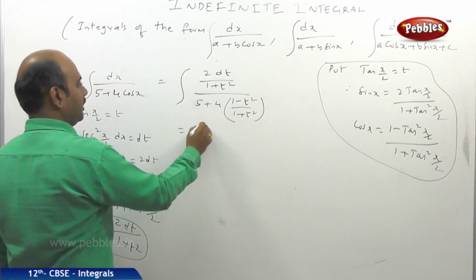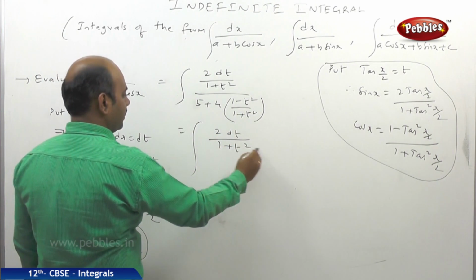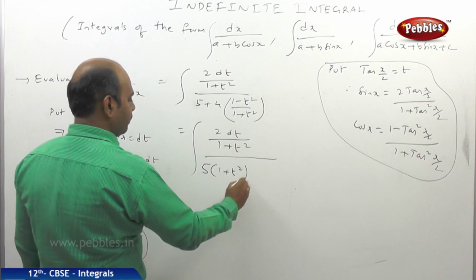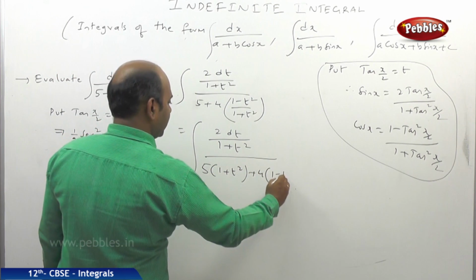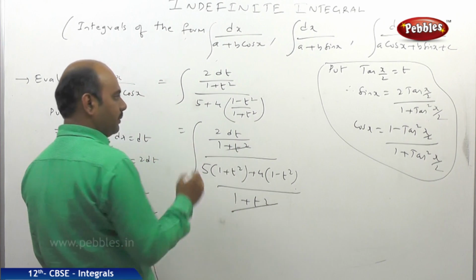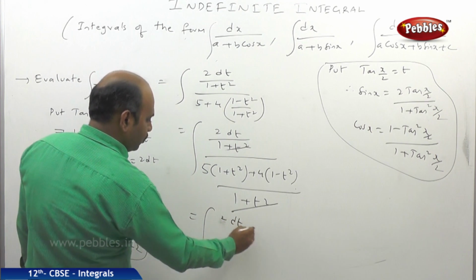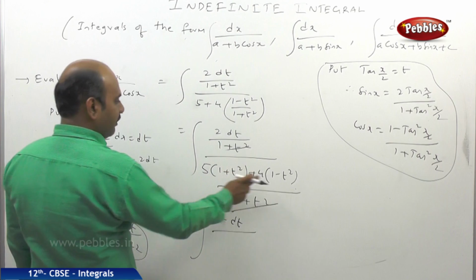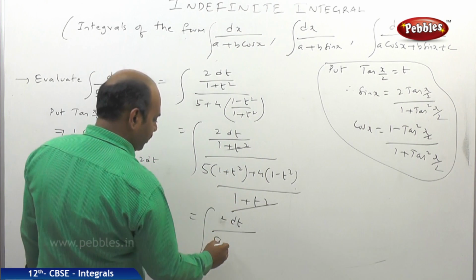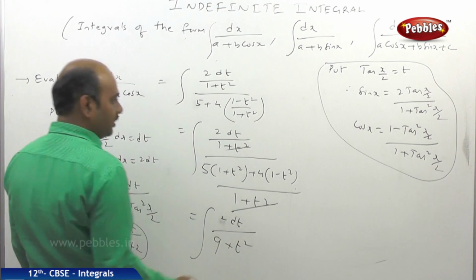We need to take the LCM: 2 dt by 1 plus t square, whole divided by 5 into 1 plus t square plus 4 into 1 minus t square, divided by 1 plus t square. So 1 plus t square gets cancelled. There remains 2 dt divided by 5 plus 4, and here 5t square minus 4t square turns out to be t square.